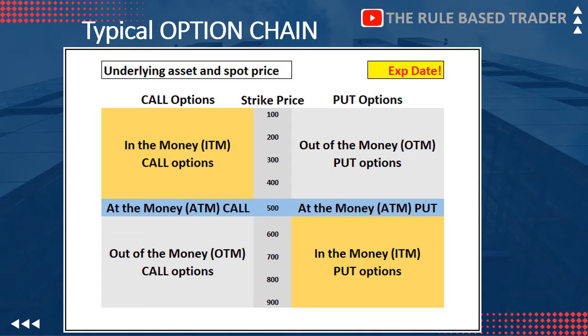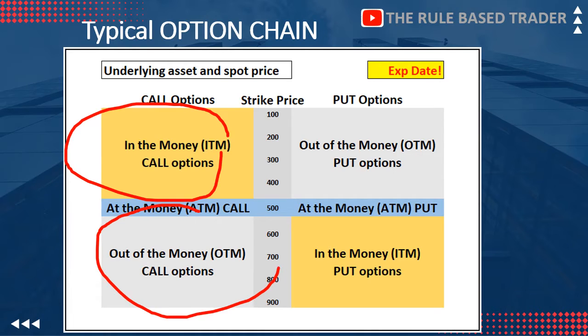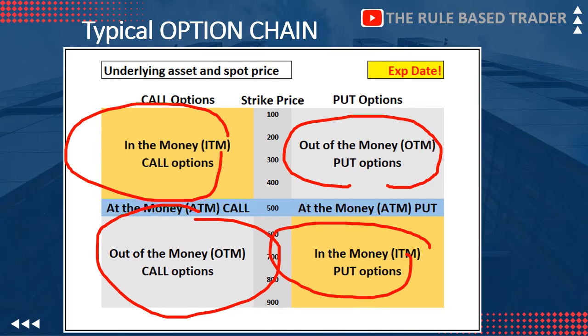The current market price of the underlying divides the option chain into four parts: in the money call option, out of the money call option, out of the money put option, and in the money put options.